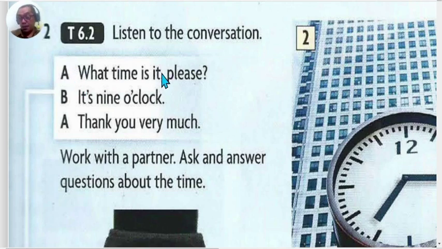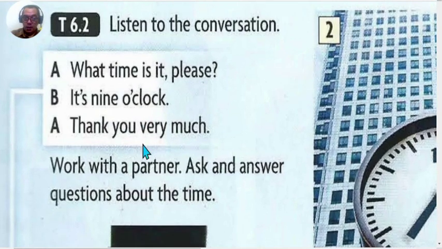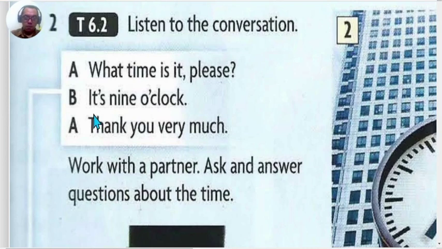What time is it, please? It's 9 o'clock. This is how to answer it. So normally after we got the answer, we say thank you very much.